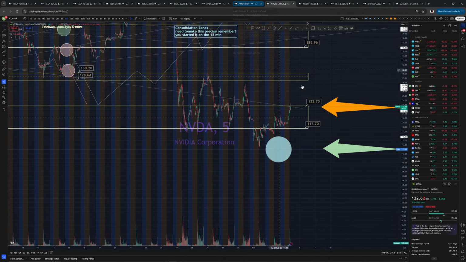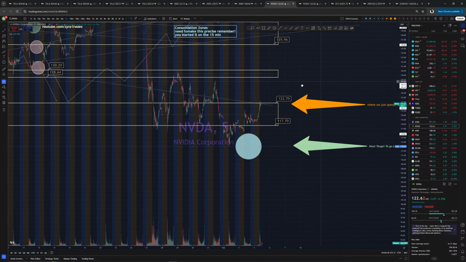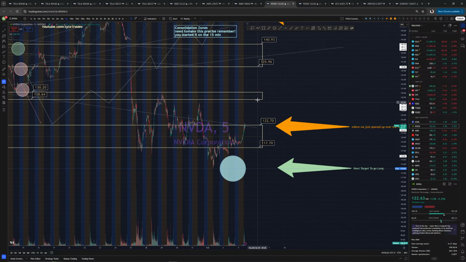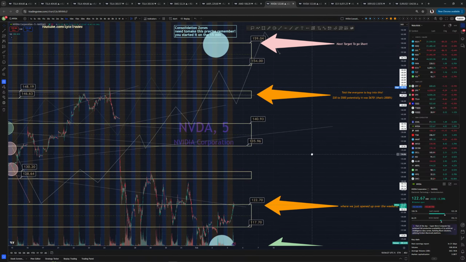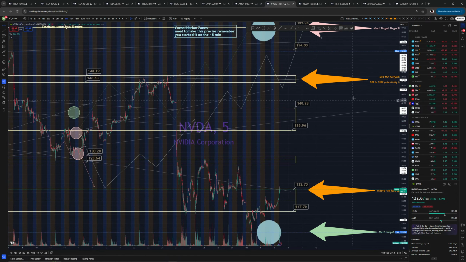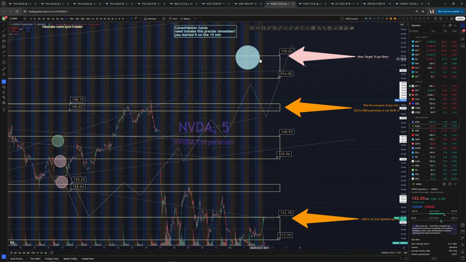Looks like Nvidia is getting bought up. If Nvidia holds above 122.70, you're going to see this start to run up to 128 and at 135. I'm looking for both of these levels right here. My major level, of course, is going to be right there by that blue circle. That's where I'm planning on selling out of my plays.